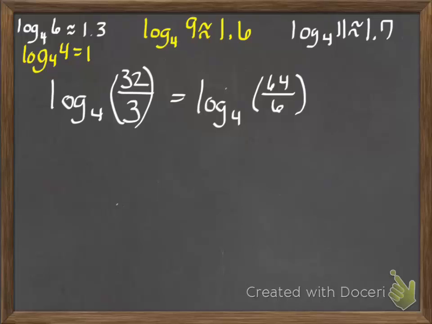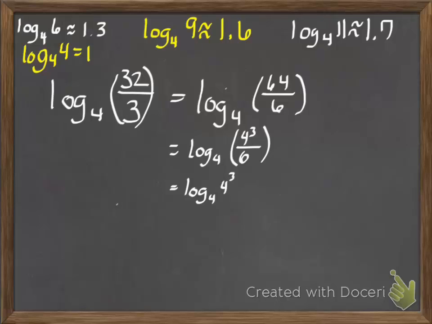And so, 64 is 4 to what power? 4 to the third. So, log base 4 of 4 cubed over 6. And now I can work on splitting that apart. Log base 4 of 4 cubed minus log base 4 of 6.